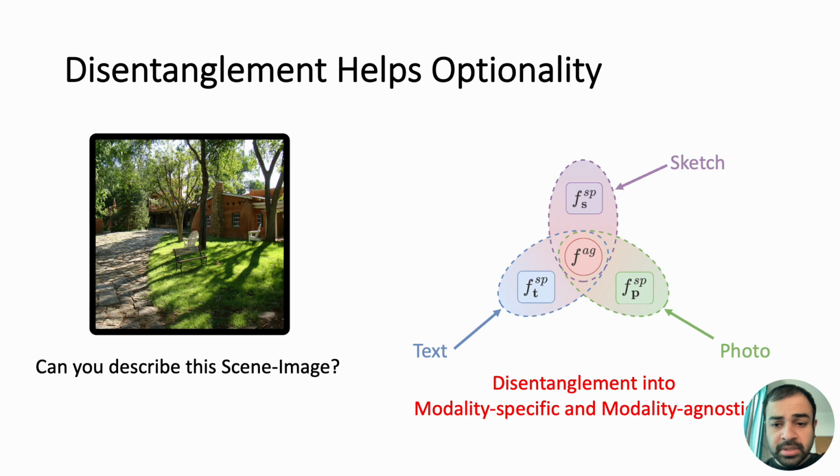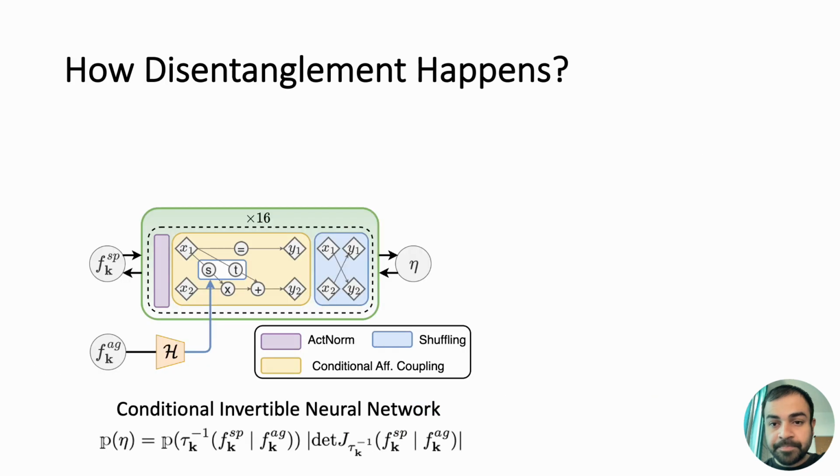You see, although this modality-specific information has no use for cross-modal tasks such as going from sketch to photo, it is highly important to reconstruct that specific modality. That is, sketch drawing style may not have much use for sketch to photo generation, but the same style information is crucial to generate or reconstruct the sketch itself.